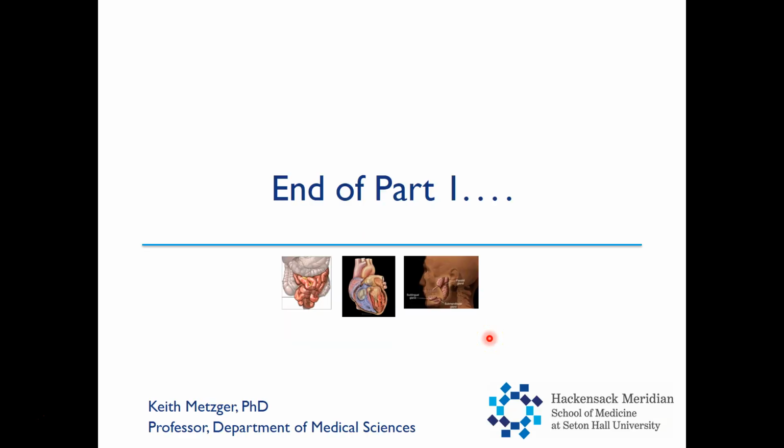So that ends part one. We've talked about motor supply to and sensory supply from somatic structures. And when we get into part two, we won't have to orient you to the overall spinal cord organization, but things get definitely a bit more complicated when it gets to innervation and especially motor innervation of our visceral structures, smooth muscle, cardiac muscle, and glands.